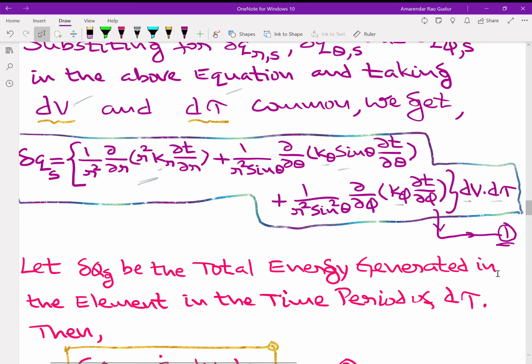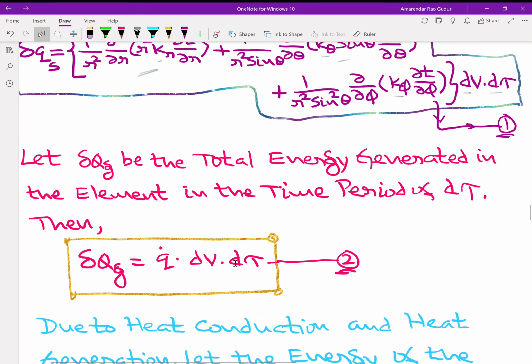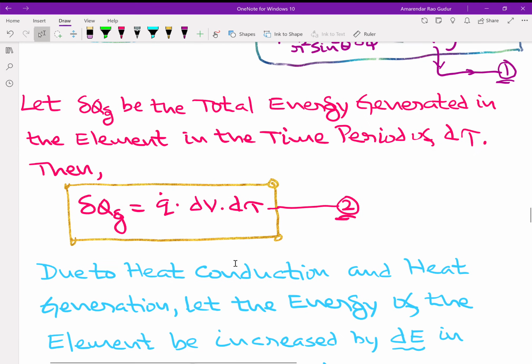Then we assume that del Qg is the total energy generated in the element in the time period of d tau, which is obviously the rate of internal heat generation per unit volume into time. And this represents the total heat that is generated.